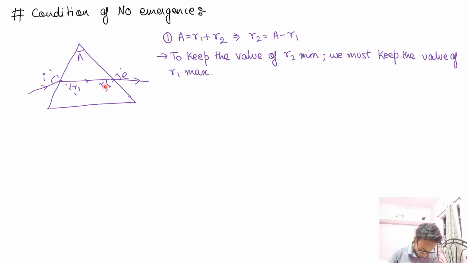Why are you trying to keep the value of R2 minimum? To avoid total internal reflection across the surface. So you are trying to avoid total internal reflection on this surface by keeping R2 minimum.